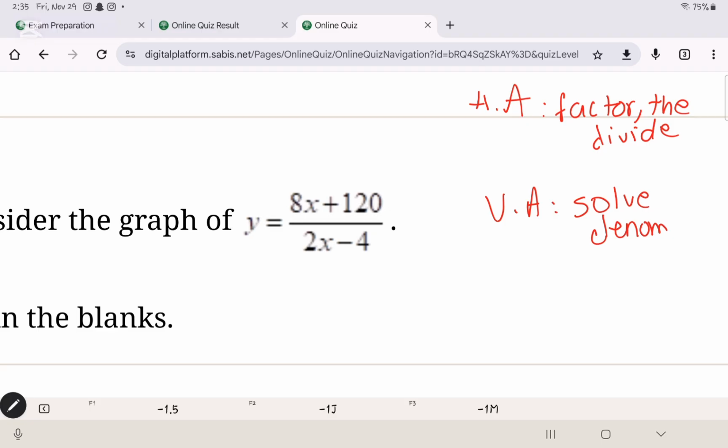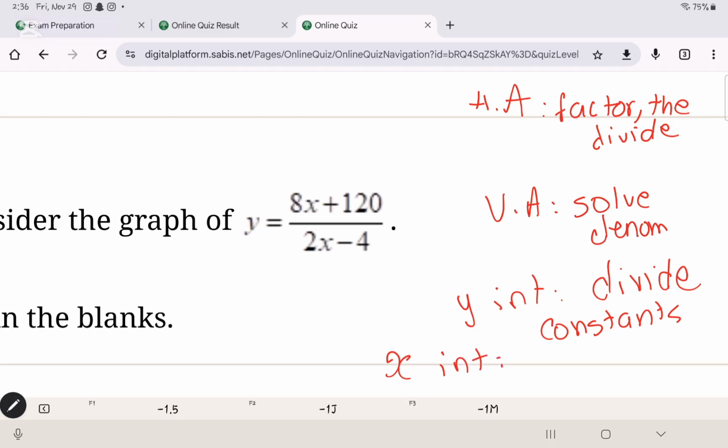To find the y-intercept, you are just going to divide the constants. What are the constants? They are the numbers that do not have x, y, or anything like this. And finally, to find the x-intercept, solve the numerator. Okay?